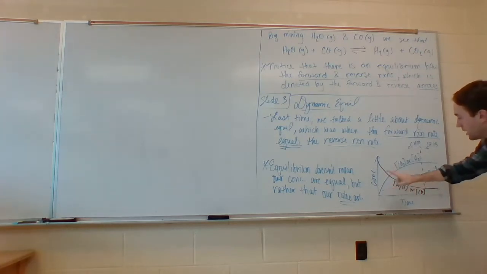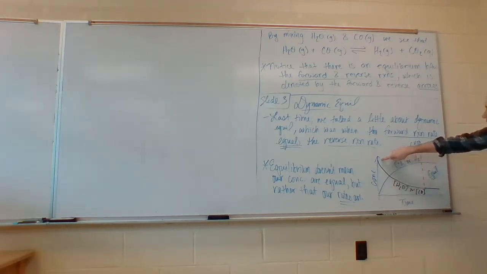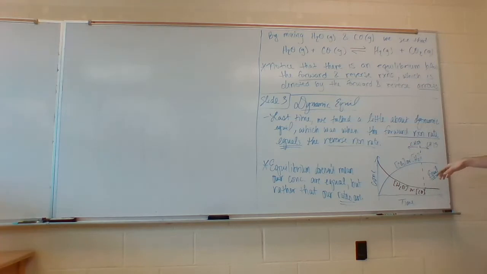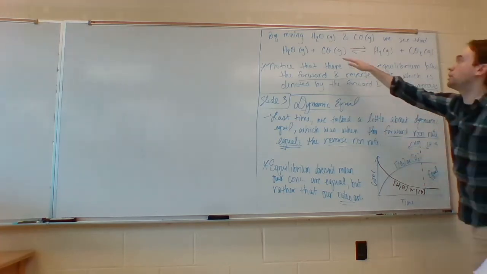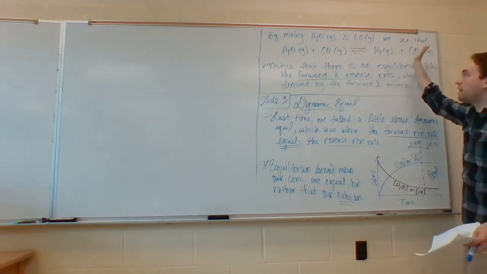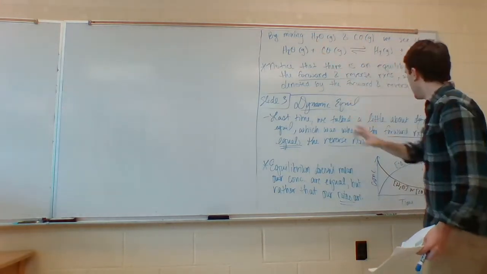So looking at our rates for the H2O or the CO, notice that our reactants are going to drop in concentration as they get used up. And as we use up our H2O and CO, we're going to be building up our CO2 and our H2. But once we end up building up enough, then our reverse reaction is going to happen.